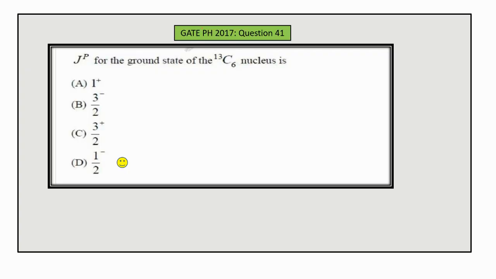This question is again from the same year, 2017, and it came for 2 marks. It is a very straightforward question. If you have studied the shell model, then you might know the filling of sub levels.